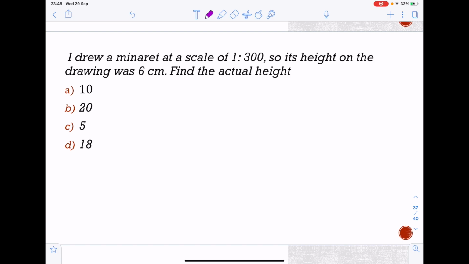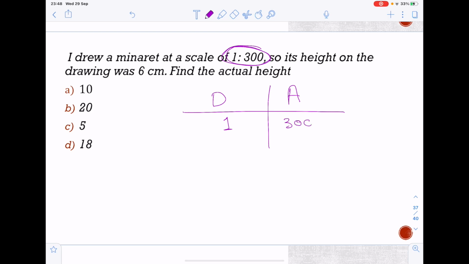Find the actual height. You can think of it like here is the drawing and this is the actual. The information says that the scale is 1 in the drawing for 300 in the actual.